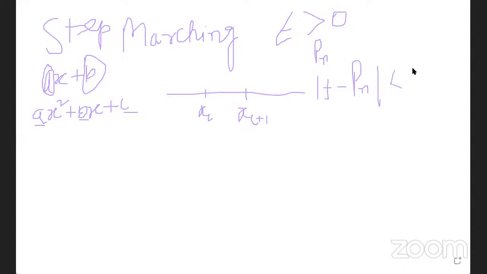So what does it mean? It means we can approximate a function by a polynomial with desired accuracy. So as we increase the degree of the polynomial, we get a better and better approximation to the function. So this thing is clear.